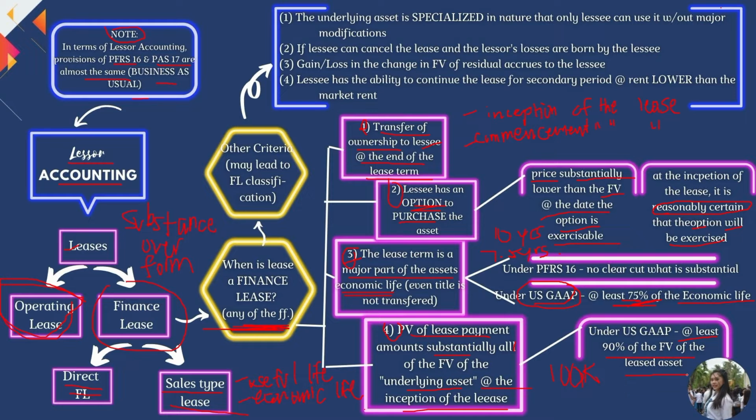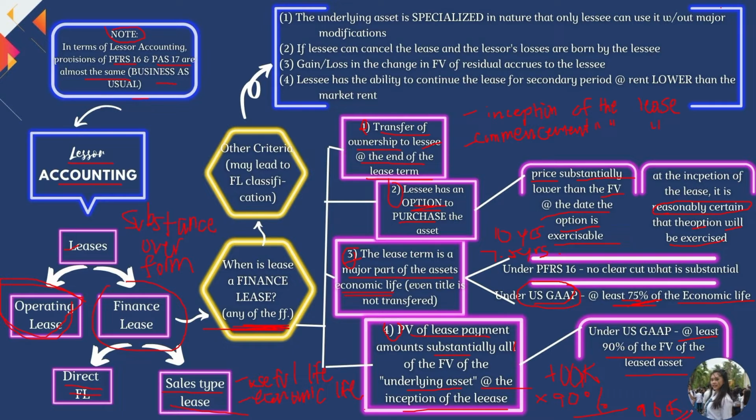So, applying that, if atong i-compute, sa example na to ganina, 100K, okay, that is the fair value of the underlying asset, times 90%, okay, that's pila? 90,000.